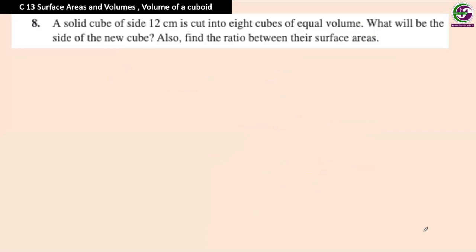Next question. A solid cube of side 12 centimeter is cut into 8 cubes of equal volume. What will be the side of the new cube? So first we have to find what is the volume of the large cube. Volume of cube is equal to side times side times side, which is 12 times 12 times 12.